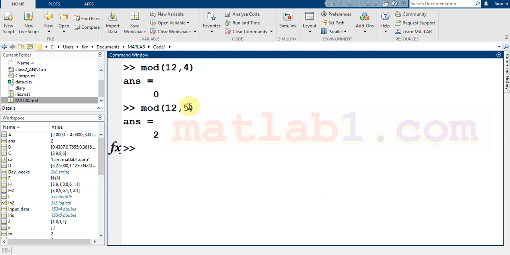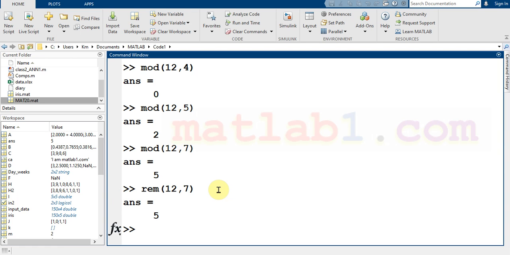The remainder after division for this, 7 is 5, because the remainder for this division is 5. The next function for remainder is rem. Rem, or remainder after division, 12 and 7 is a 5.